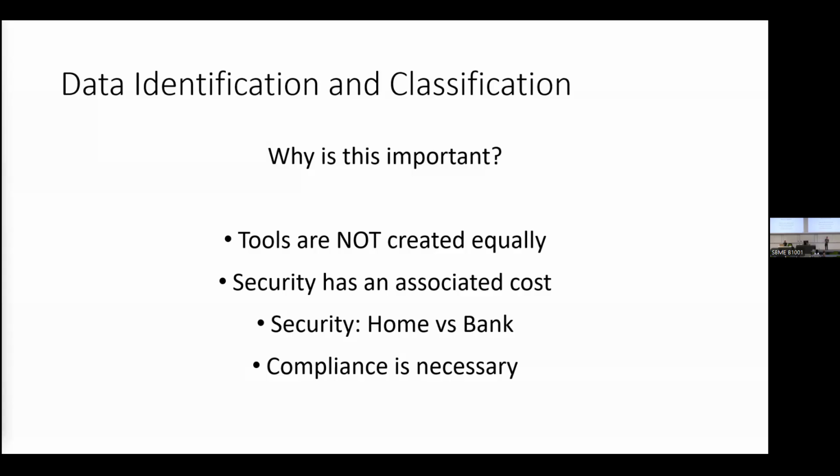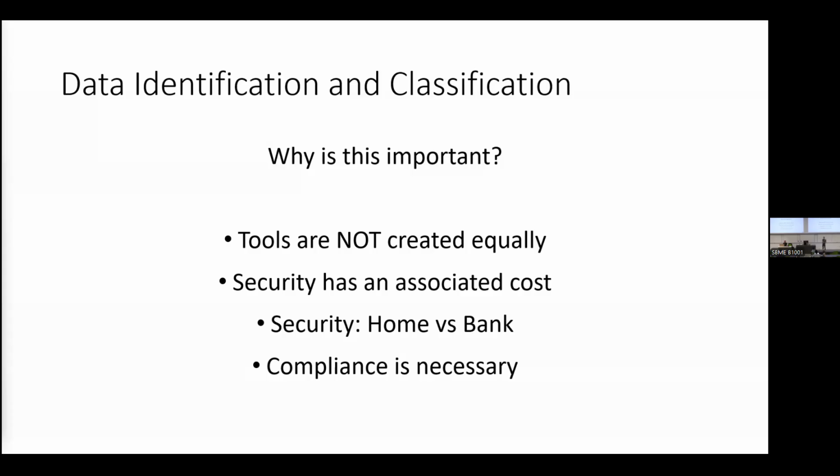And on the other end, you might be working in a different field where security controls are not as important. Security has an associated cost. As researchers, as you know, you usually work with either grant money or restricted budget or no budget in some cases. And the security controls you're going to put in place, sometimes they might be costly, especially if you need some staff to deploy and maintain them.